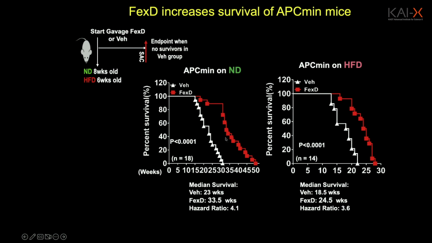But either way, if we give FEX-D, we get an extension here from 30 to 50 weeks, and that shows conceptually that a gut-restricted activation of FXR is able to change a gene network. And we can measure that gene network, and we have. We've done the same in these two contexts.